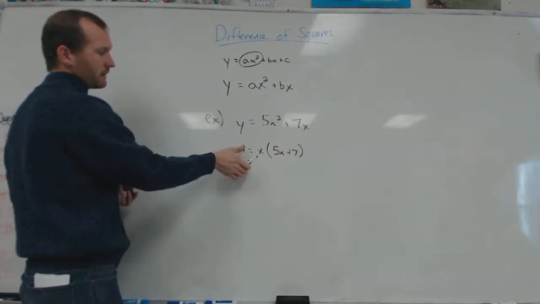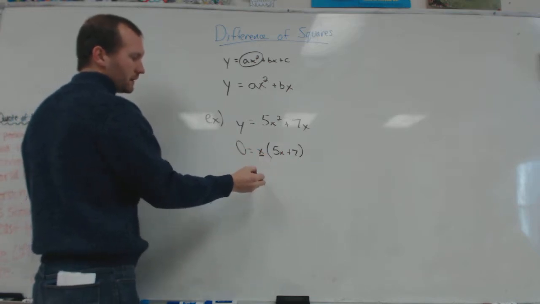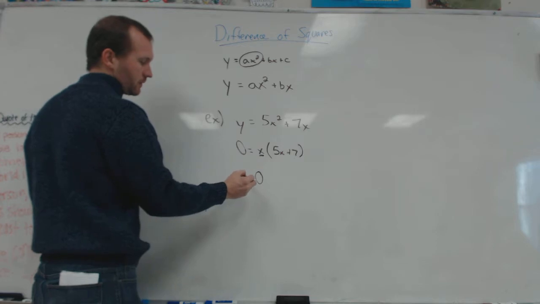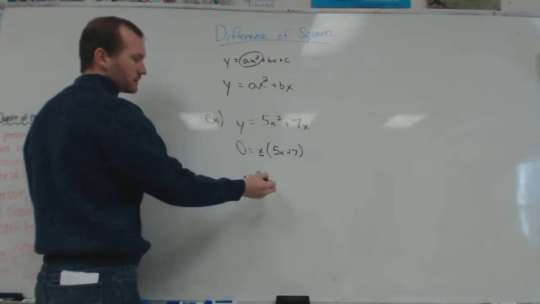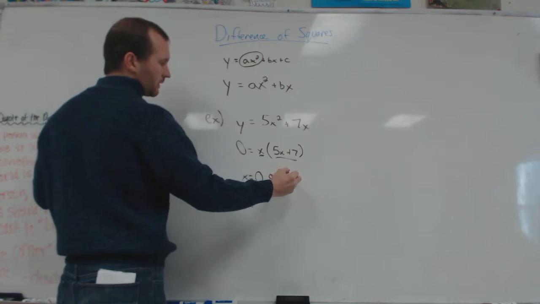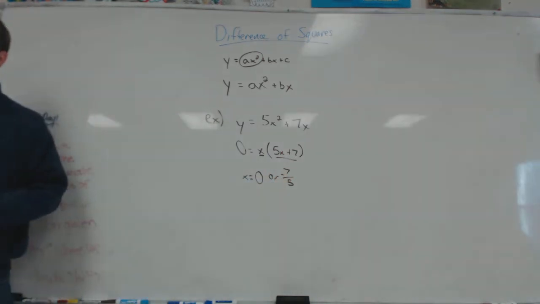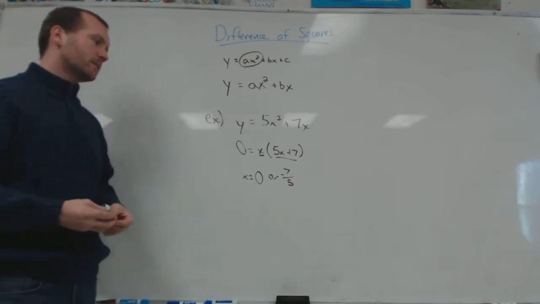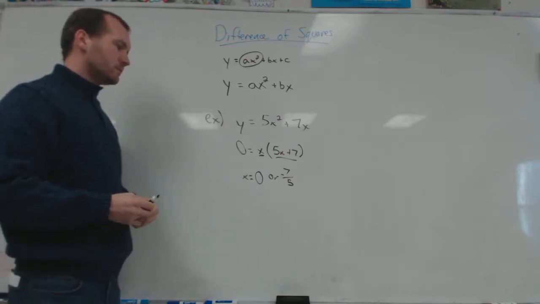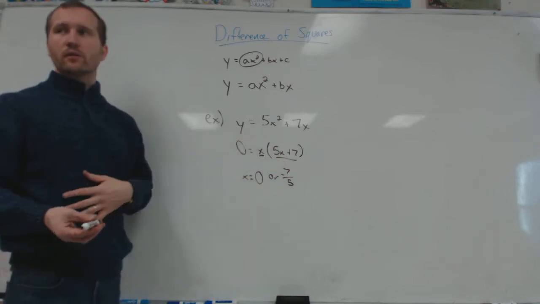And then if we wanted to find the zeros, we know that one zero is always going to be 0. So x is always going to equal 0 or something else. And that something else, in this case, would be negative 7/5. But that doesn't really matter. This is what we've done before.